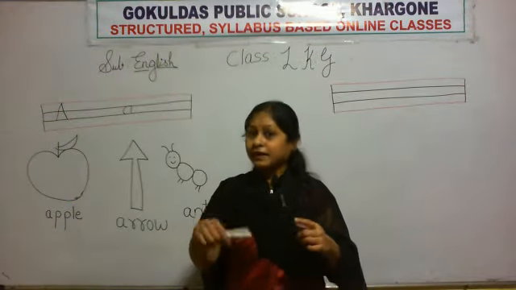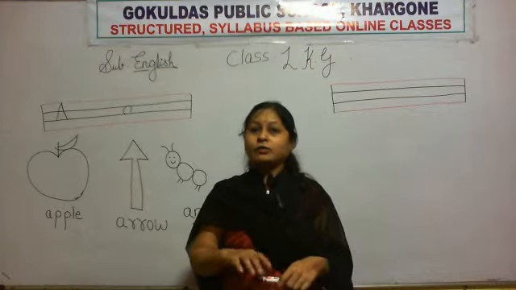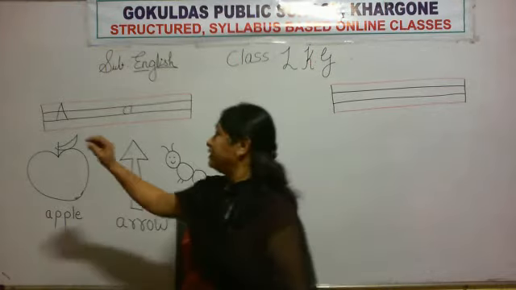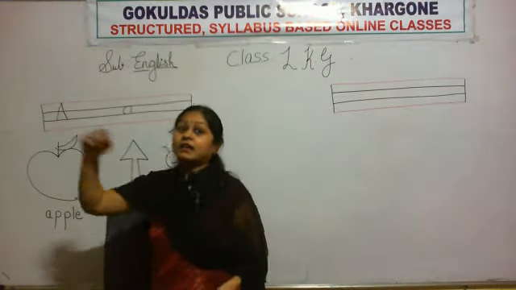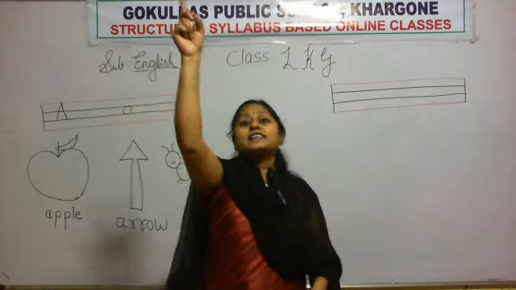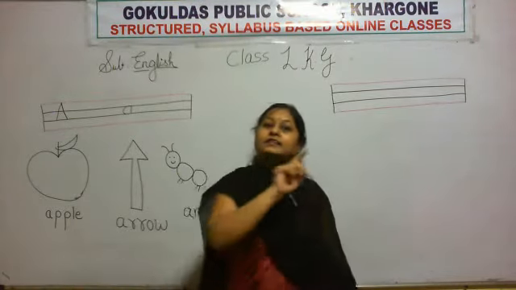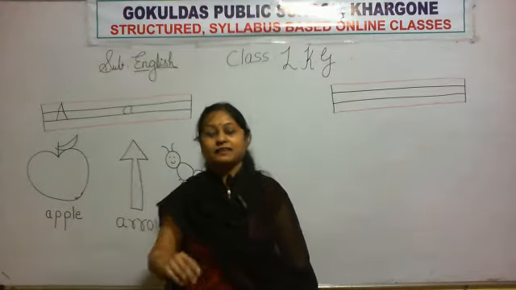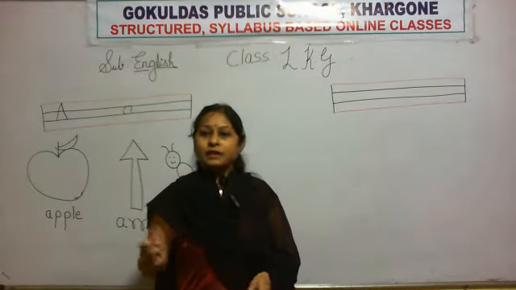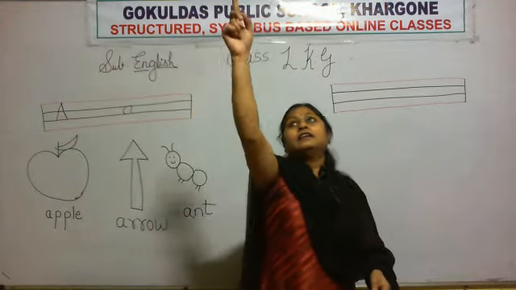So you have to practice this. Now let us make in air. We will make Mama A in air. How you will make? Slanting line, then sleeping line. Make with me. Make A in air.